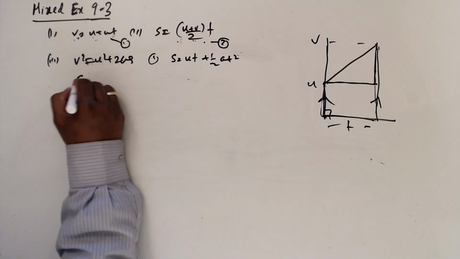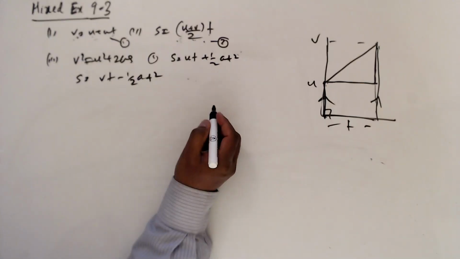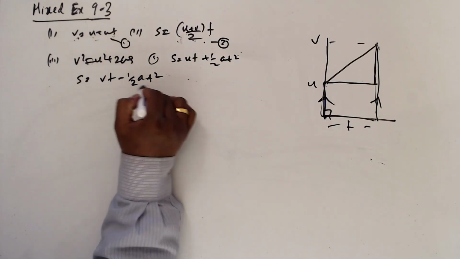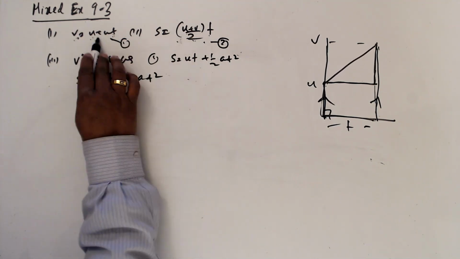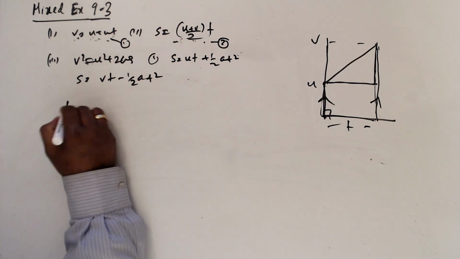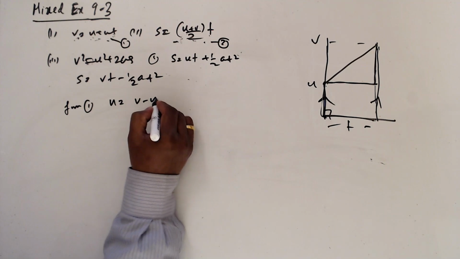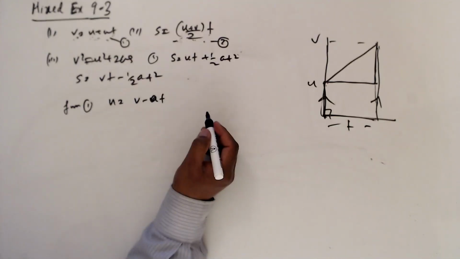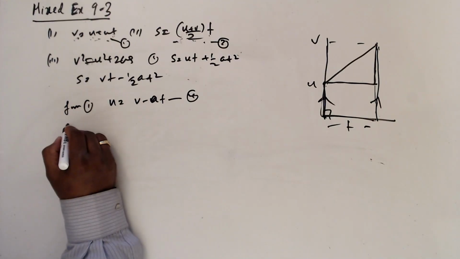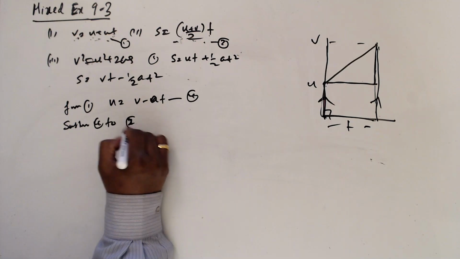Next one is we need S equals VT minus half AT squared. Now you can see that in here U is missing, so vanish U from those two equations. From 1, U equals V minus AT, and this is going to be 4. Substitute 4 into 2.